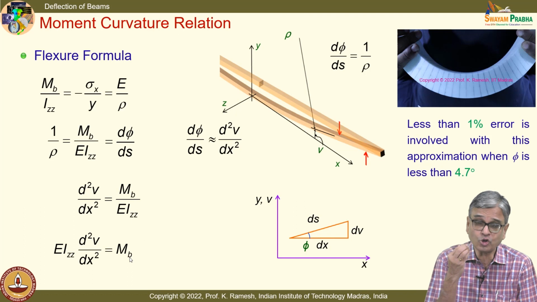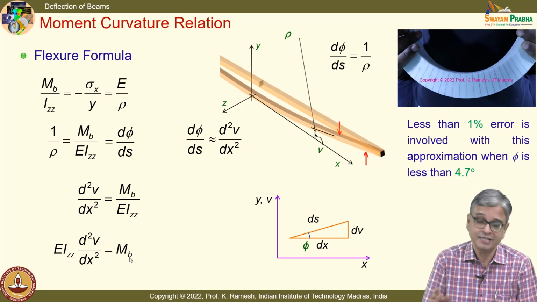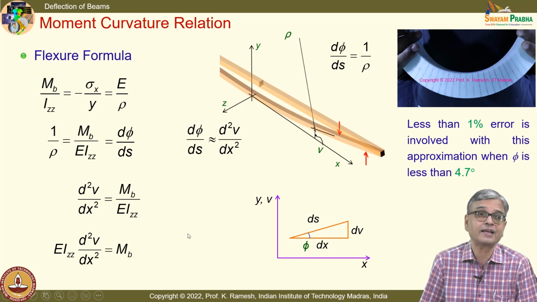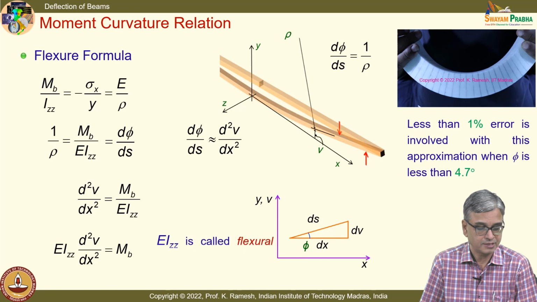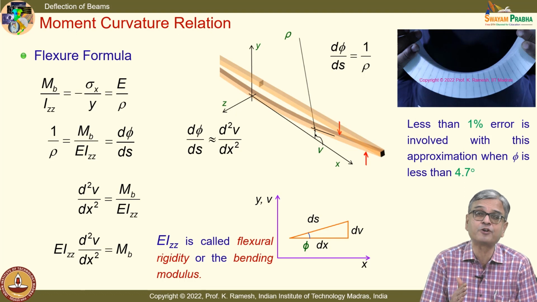Then I have to consciously bring in the shear effect, which needs special methods to handle. And this is a very famous expression, moment curvature. So when we apply it for practical problems, it is only an approximation. It ignores the effect of shear deformation of the beams.